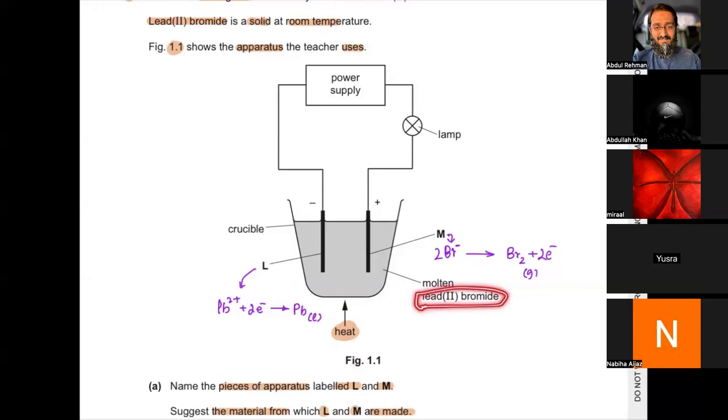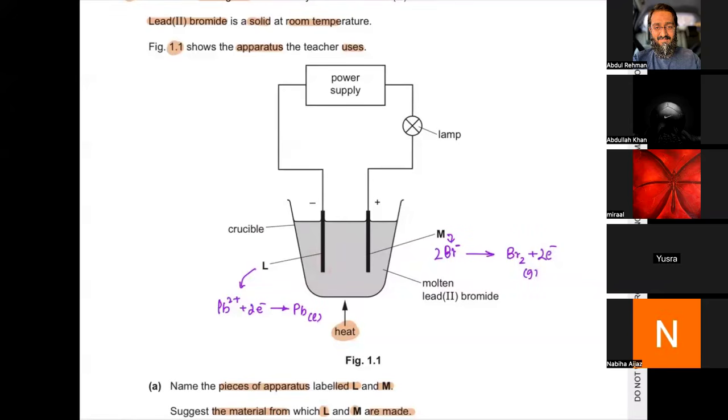It means a very high temperature has to be maintained. Due to that high temperature, the metal that forms here is going to be in liquid form. As it's a metal, it is a thick liquid because metal is very dense. Sometimes examiners do accept solid, but actually a silvery gray liquid appears.